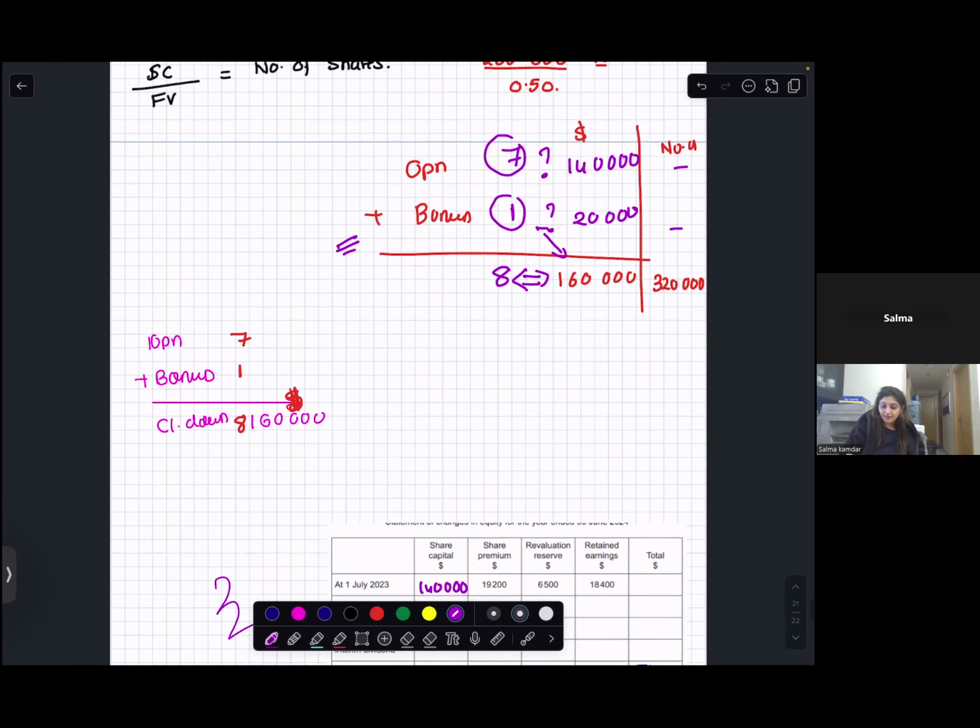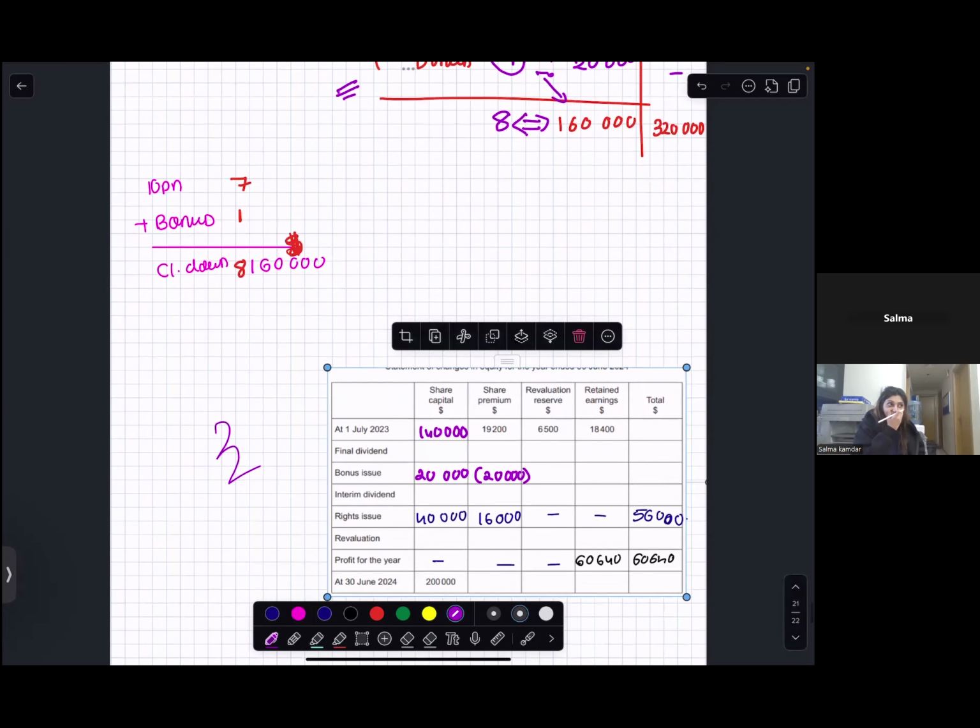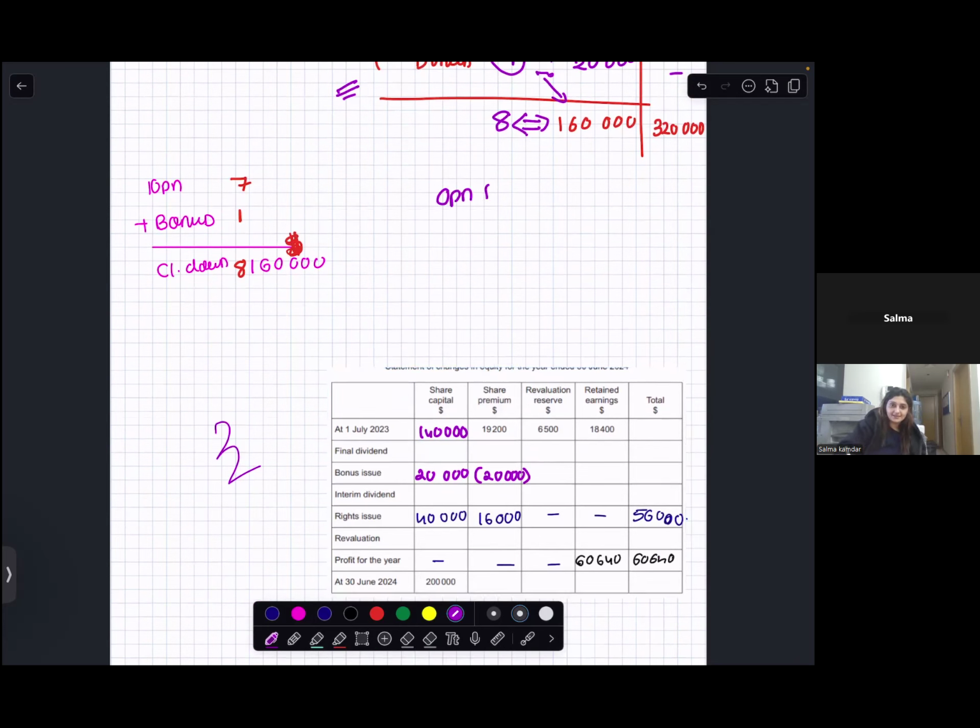Okay. I need 140,000 divided by the face value for my opening balance. It's 140,000 divided by the face value 0.40. So I have 280,000 shares. And I was giving final dividend how much? 0.05.